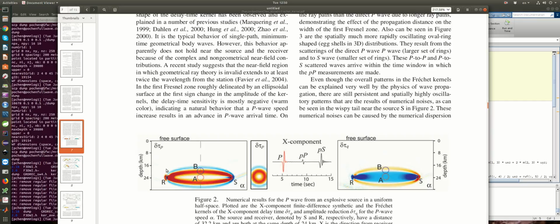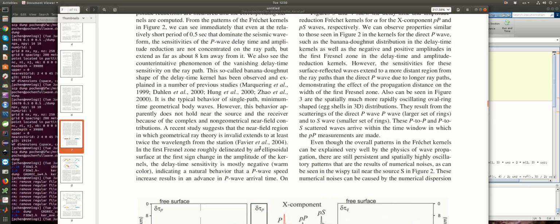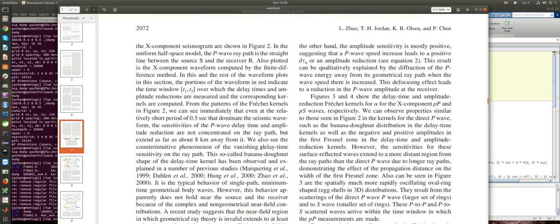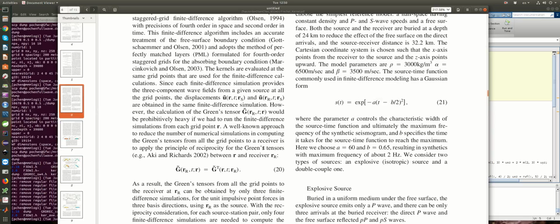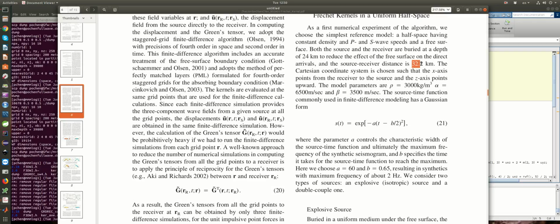Both source and receiver are buried at 24 kilometer depth below the free surface. The distance between the source and receiver is 32.2 kilometers, if I recall correctly.